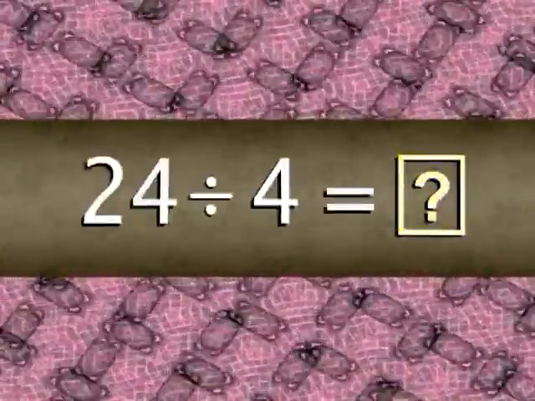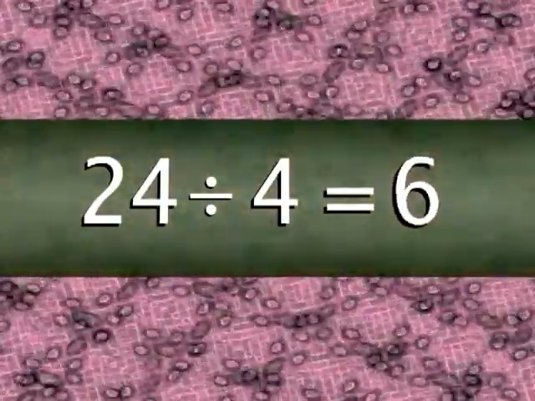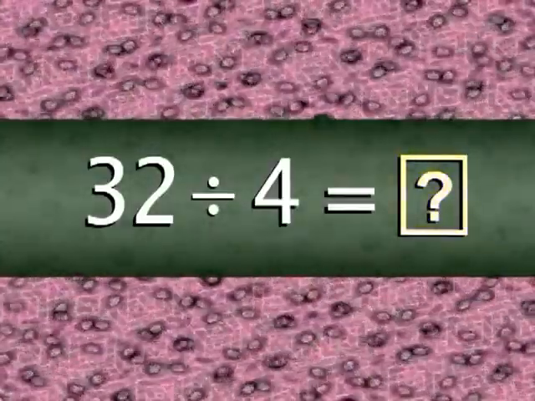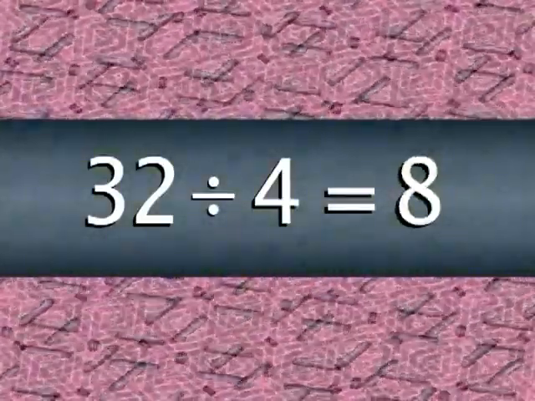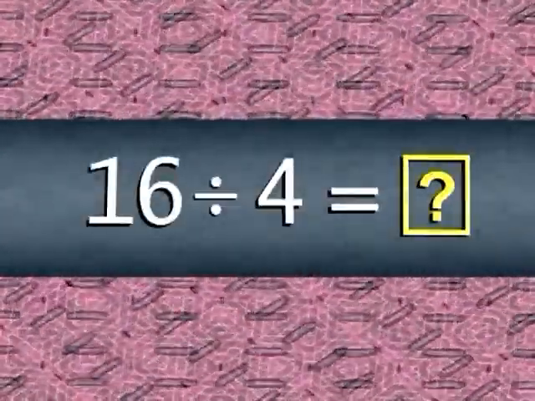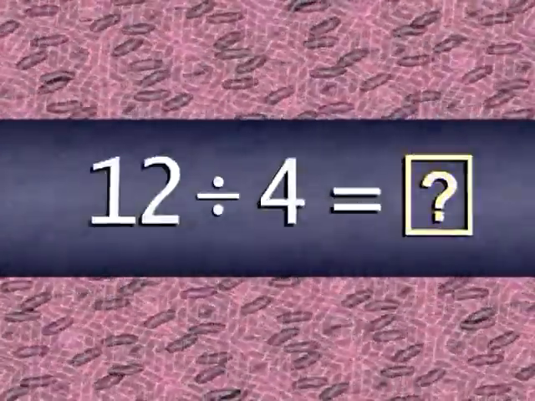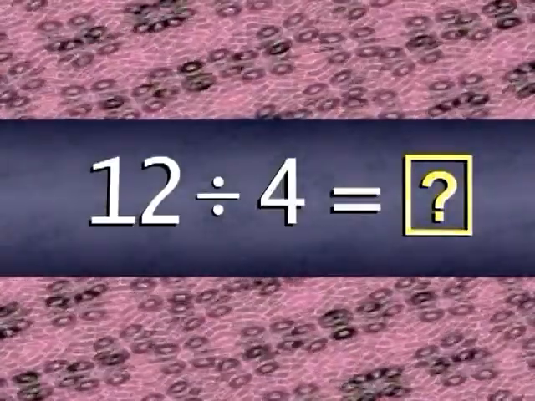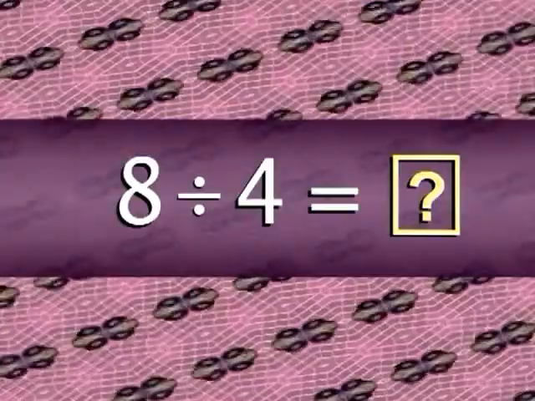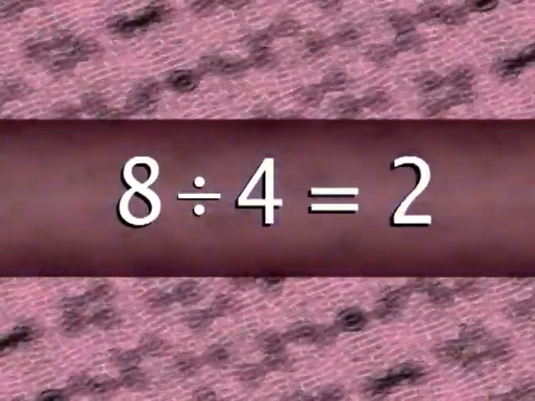24 divided by 4 is 6. 32 divided by 4 is 8. Divided by 4 is 4. 12 divided by 4 is 3. 8 divided by 4 is 2.